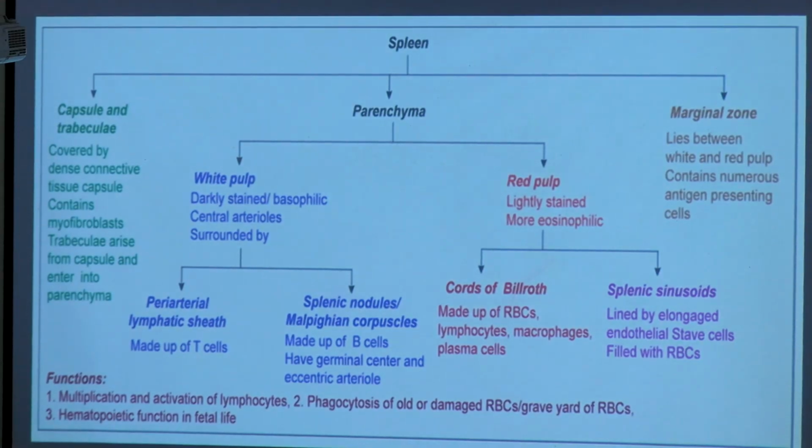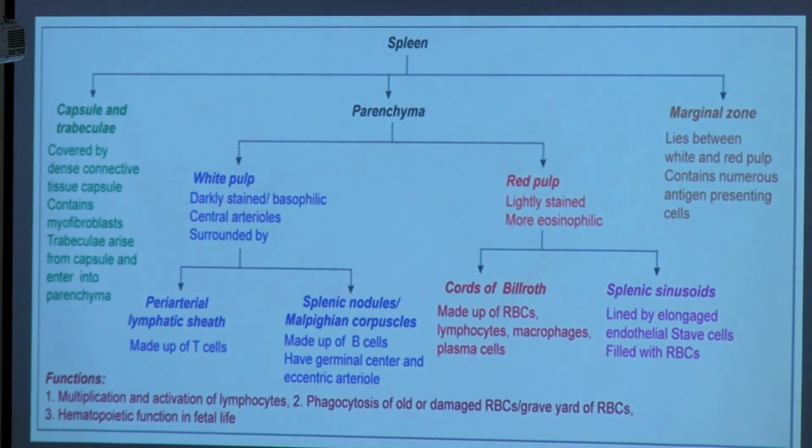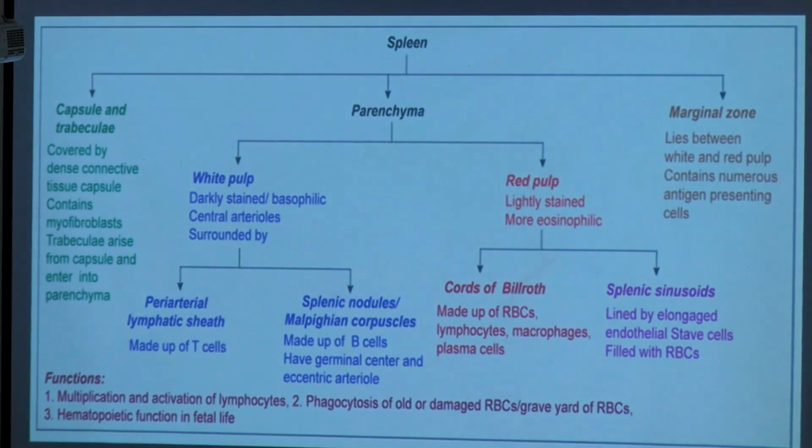B for B: basophilic is B, blue is also B. Remember it like this. So basophilic means blue appearance, and in an H&E stained slide it appears purple, dark violet. That is the white pulp, and in it you will see a central arteriole.